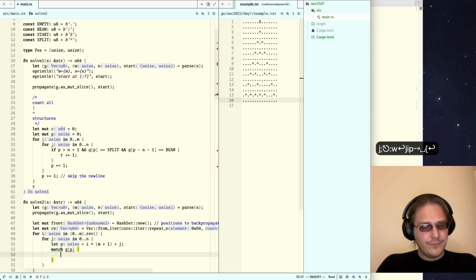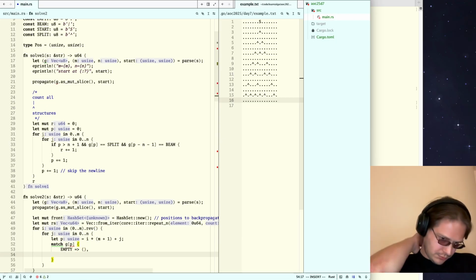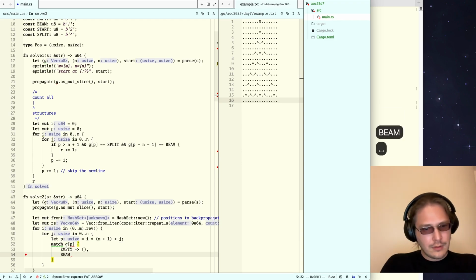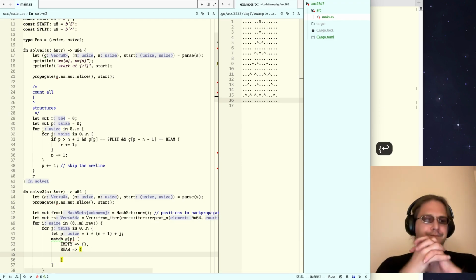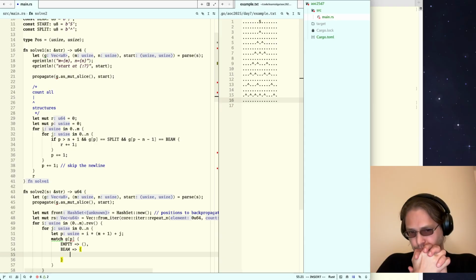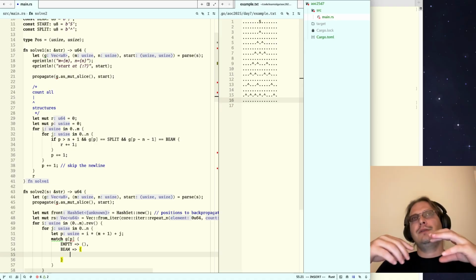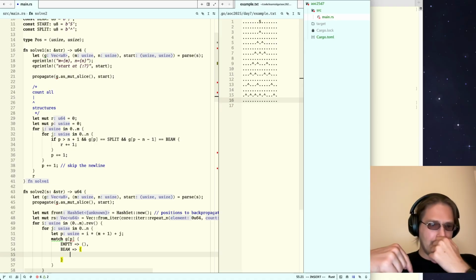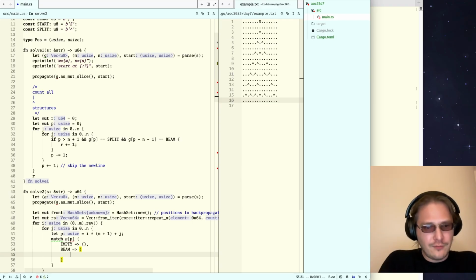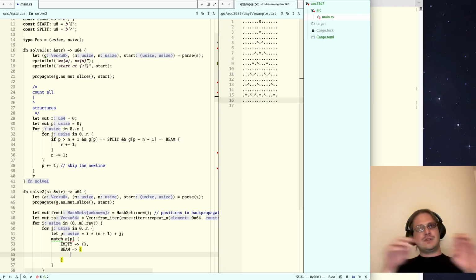So if the grid at position p is equal to empty, then don't do anything. If it's equal to a beam, then take propagation means that we should look down and we should cache the number of realities. So if there is no down, then it's just one reality. A beam was at the lowest point.